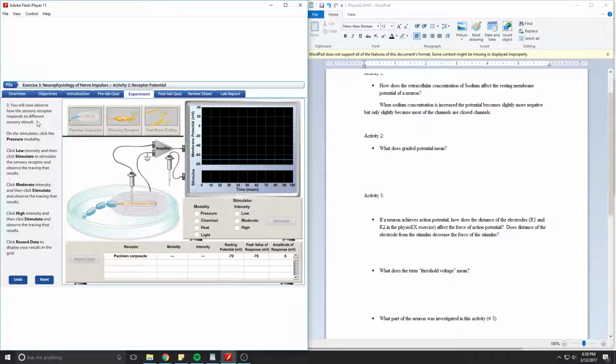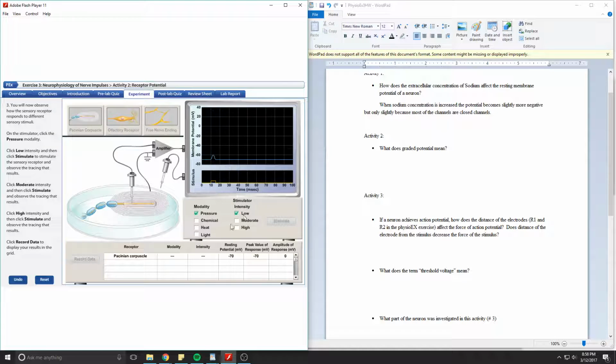Okay. You'll now observe how the sensory receptor responds to different sensory stimuli. Click the pressure modality. Click on low intensity, and then click stimulate. Alright, so it stimulated a little bit, or the membrane potential went a little less negative.